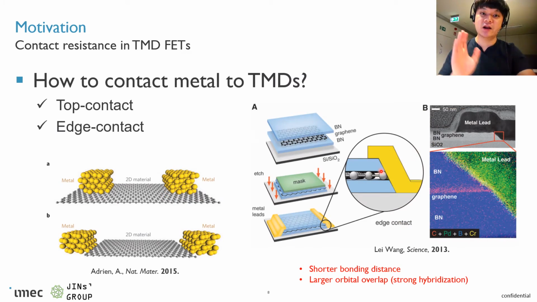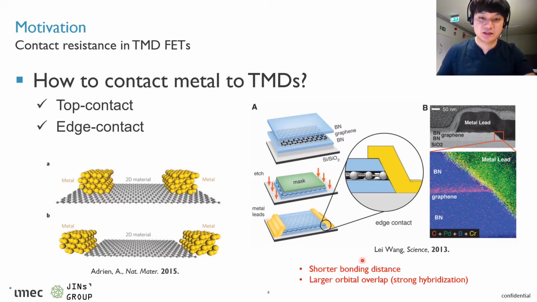And there are two ways to make contact between the metal and the 2D materials. The first one is the top contact method. In fact, edge contact has no van der Waals gap, unlike top contact.